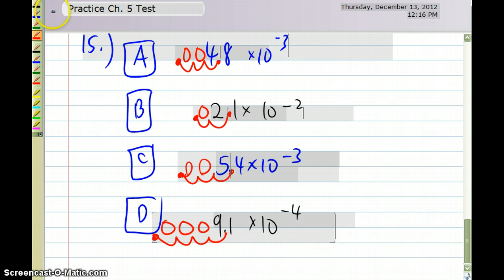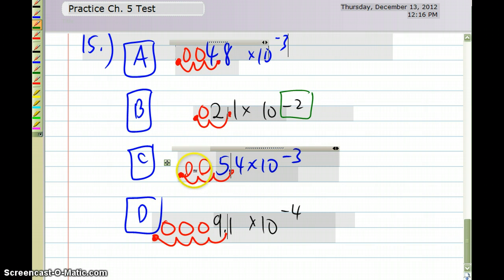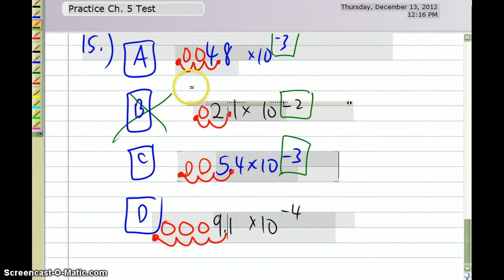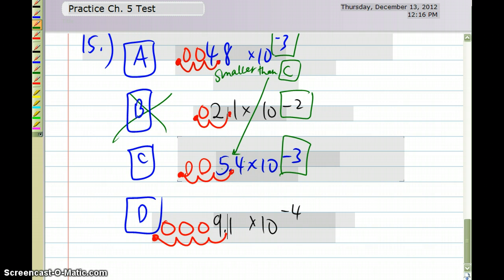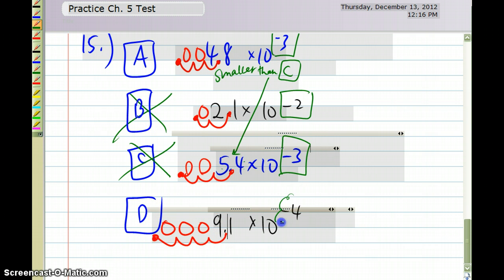And if I look at all of the answers that I get, it seems that when I had a negative 2, I move my decimal twice, but 0.2 is actually not as small as maybe 0.004 or 0.0054, and so B is definitely not my answer. Then what I should notice is that when there was negative 3 and negative 3, I got these 2 zeros in front of the 4 and the 8 and the 5 and the 4, giving me these 2 decimals. This one is still smaller than choice C, which is definitely not C. But then if I move the decimal one more time to the left because I had a 4, what that gave me was 0.00091.